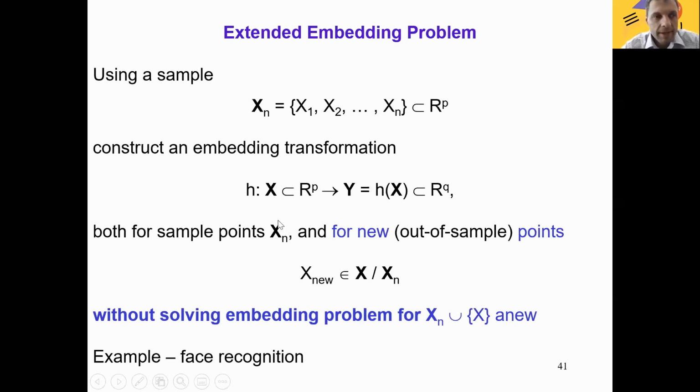So that means that here we should construct an out-of-sample transformation H that can be used for this task.